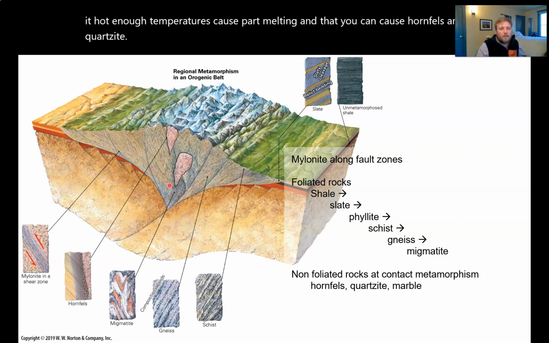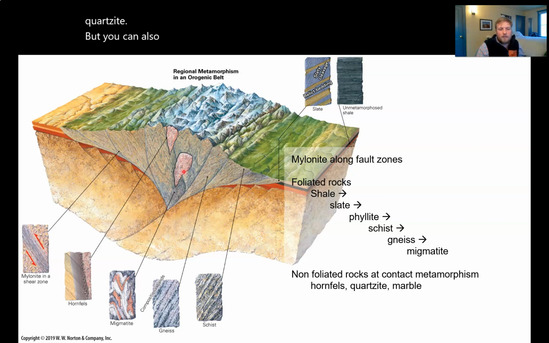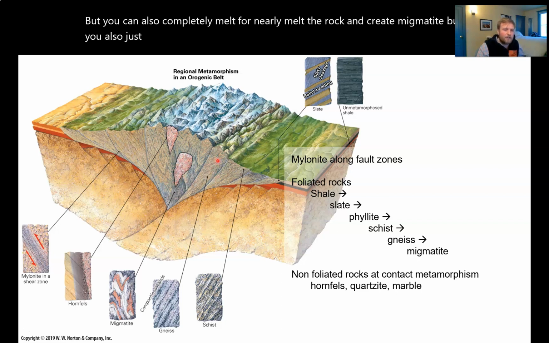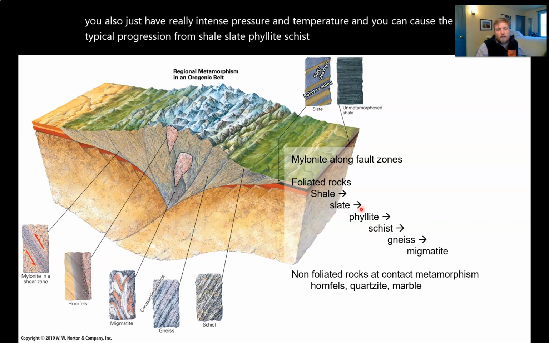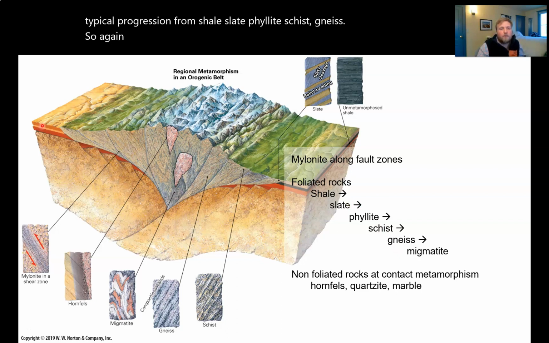But you can also completely melt or nearly melt the rock and create migmatite. But you also just have really intense pressure and temperature, and you can cause the typical progression from shale, slate, phyllite, schist, gneiss. Right?